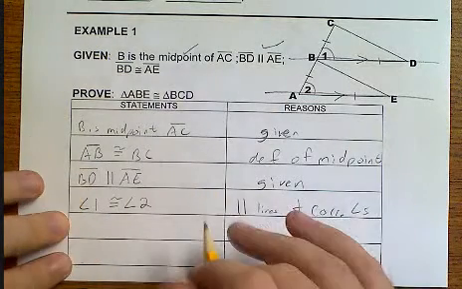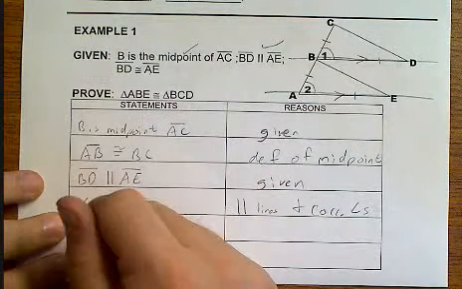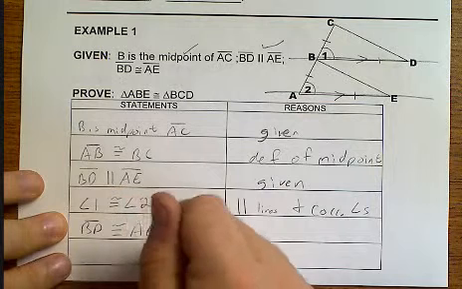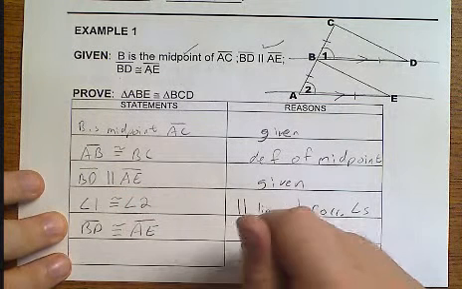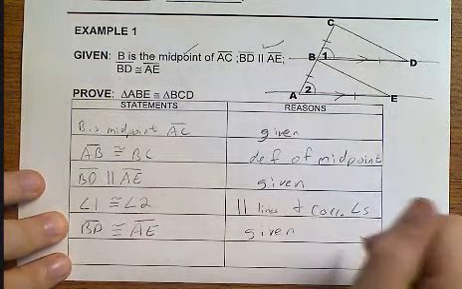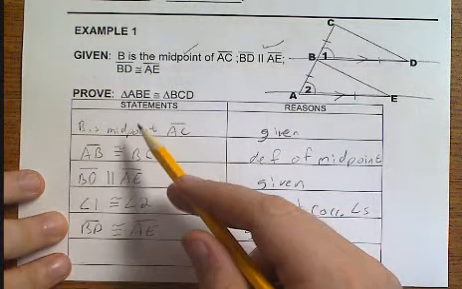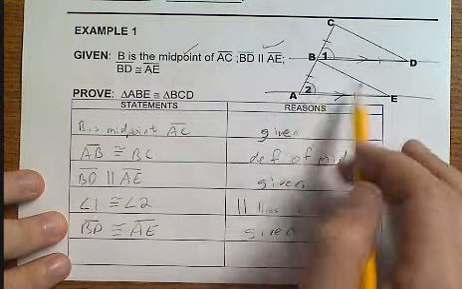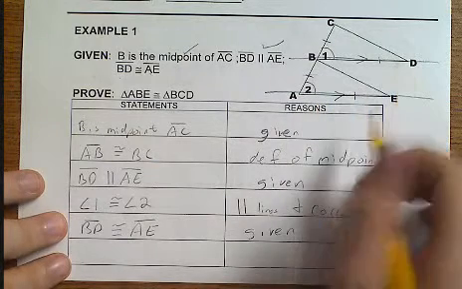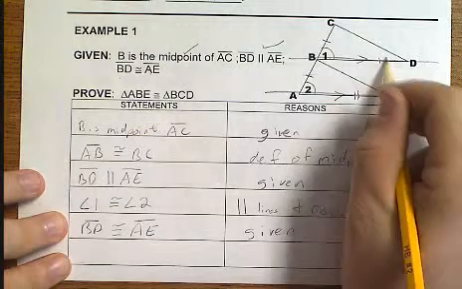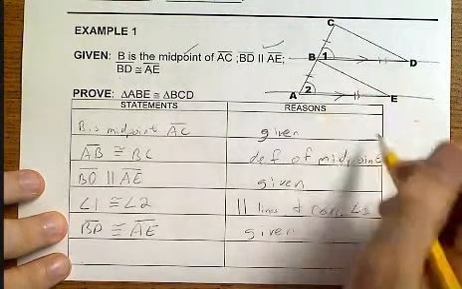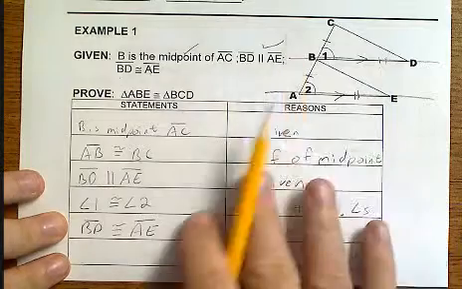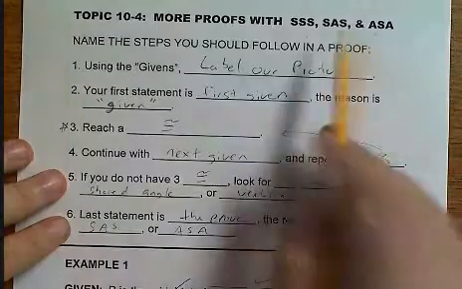Let's go ahead and look. Now we say that BD is congruent to AE, well, that was just given to us. We've got three congruency statements. Let's see if they mean anything. Well, I've got a side, some angles, and another pair of sides. Well, side angle side happens to be one of the things that we talked about.